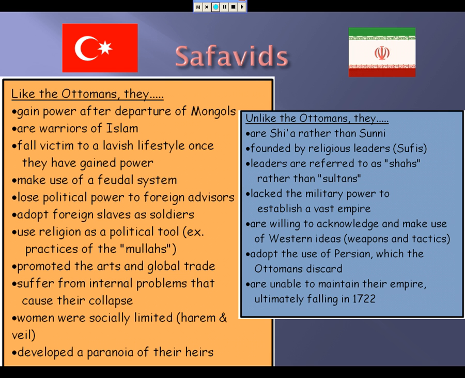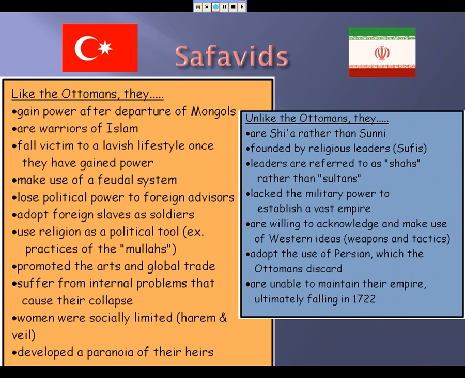Even though both empires were fairly militaristic and wanted to expand, one of the big differences is that the Safavids were never able to come close to matching the Ottoman military power. They were always that younger sibling, never quite as big, never quite as strong, never quite as powerful, always in competition, but never able to surpass the Ottomans.